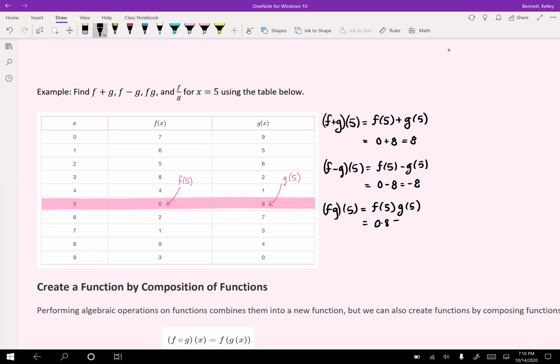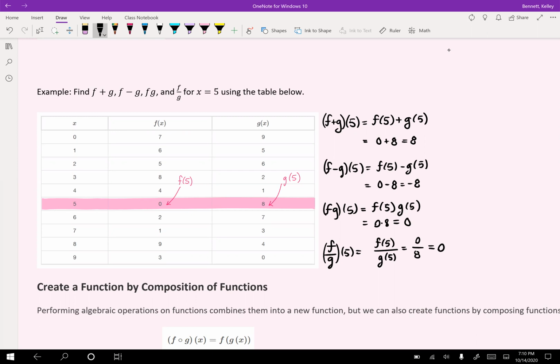And so that's going to give me 0. And then f over g of 5 equals f of 5 over g of 5. So that's going to be 0 divided by 8, which is again 0.